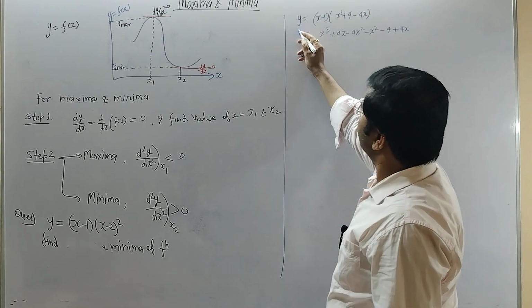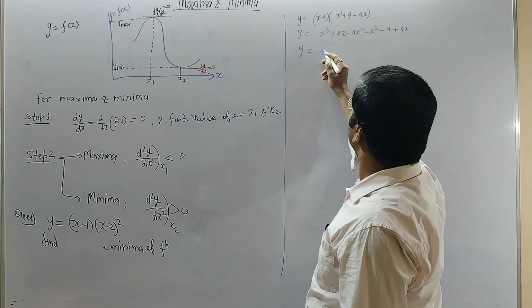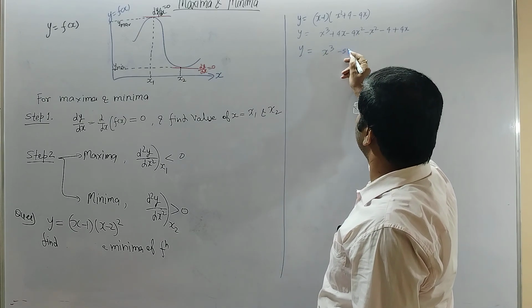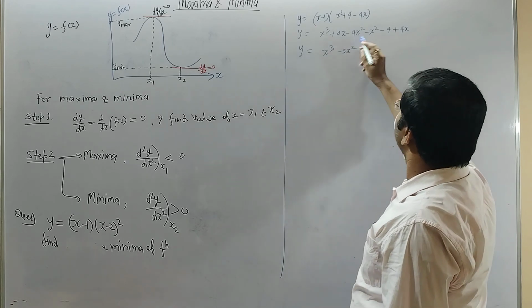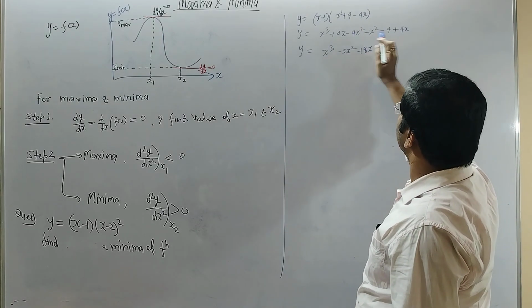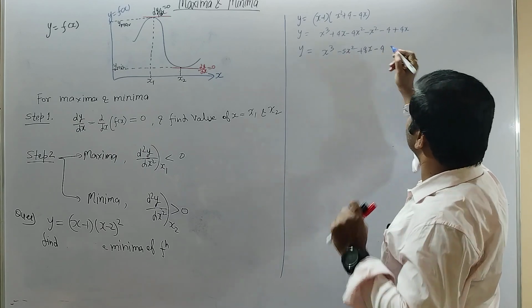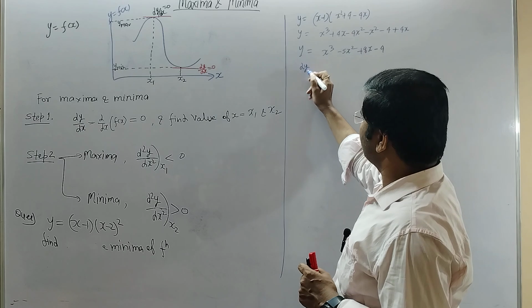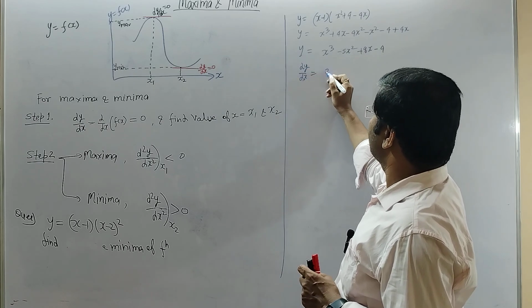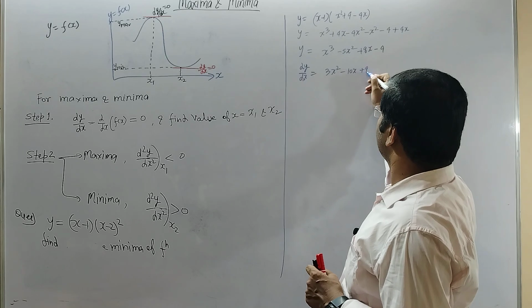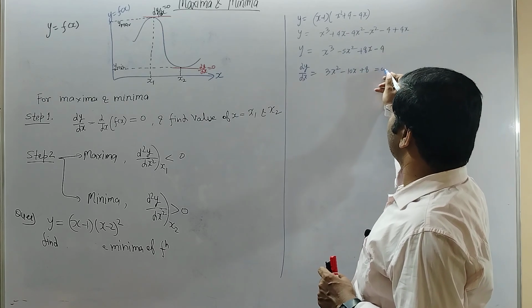Okay, so we can write here y equal to x cube minus 5x square plus 4x plus 4x, 8x minus 4. Okay, so this is we are getting y. So what we have to do, dy upon dx. So differentiate this one. 3x square minus 10x plus 8, this is equal to, we have to put 0.